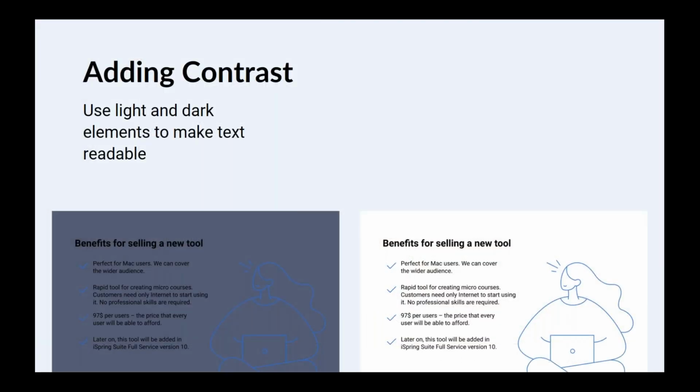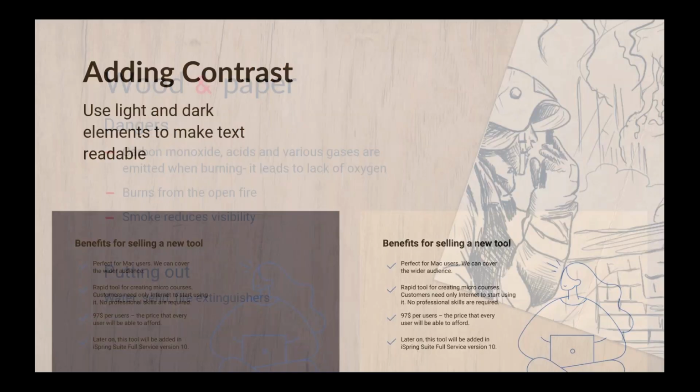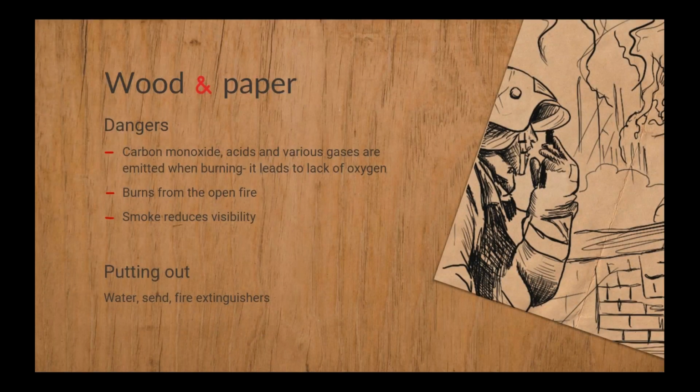The next rule is adding contrast to the text. People in general very rarely read the text from beginning to the end. We always look at the heading first, and then if the heading is catchy, we study the material in more detail. Let's look at our examples. When users study new material, they put a lot of effort into understanding and remembering the topic.